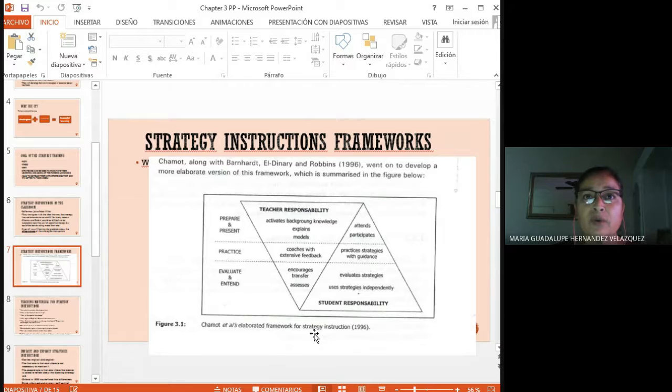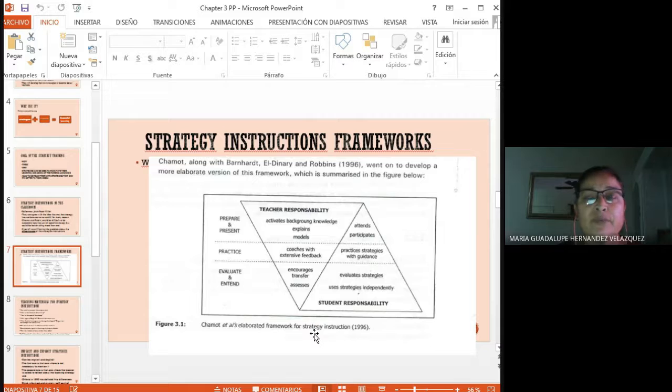We need to give feedback in order to improve the speaking, the reading, the grammar, or whatever is the topic or the strategy that we are using. And also, we need to evaluate at the end.